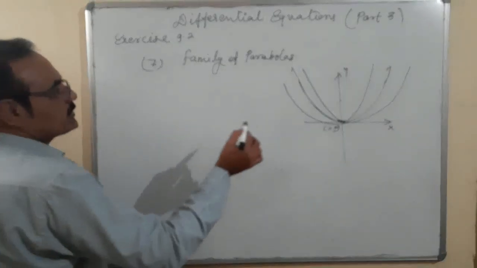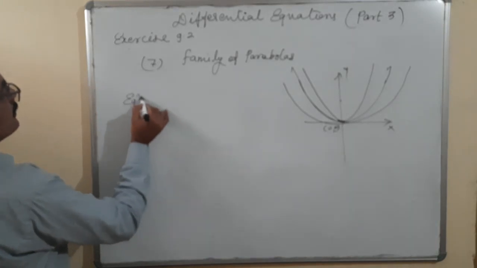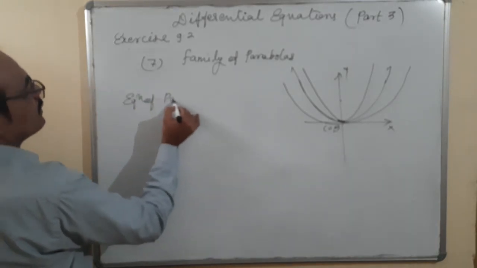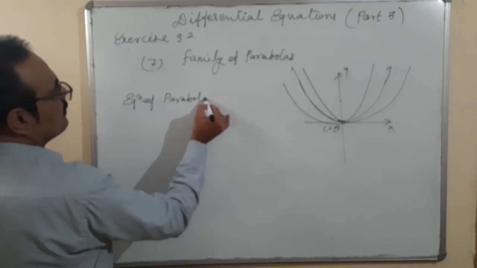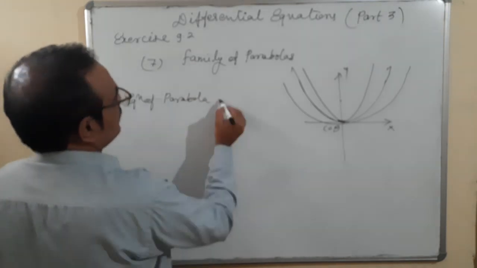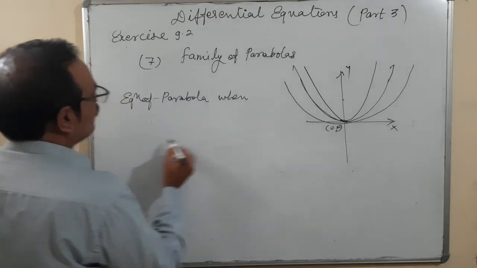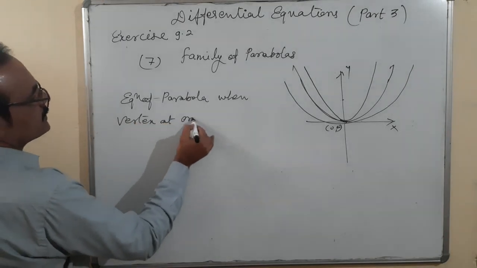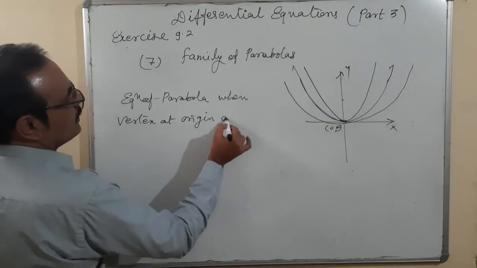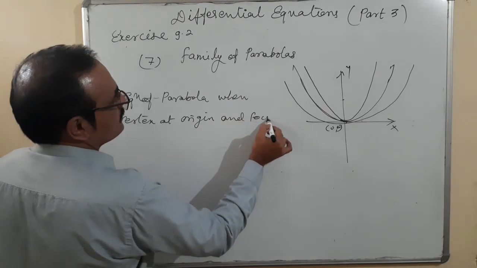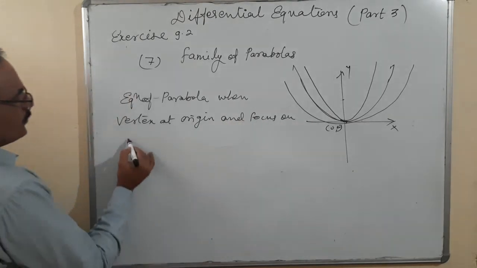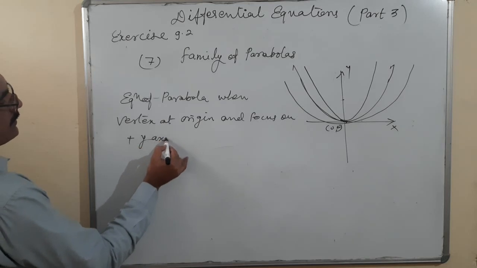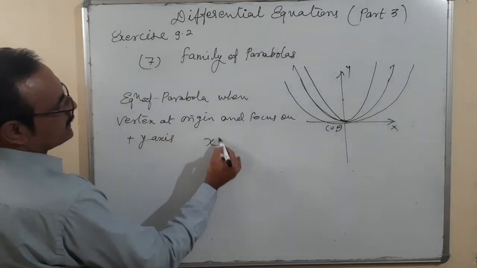So what is the equation of it? Equation of parabola, okay, when vertex at origin and focus on positive y-axis. What is the equation?